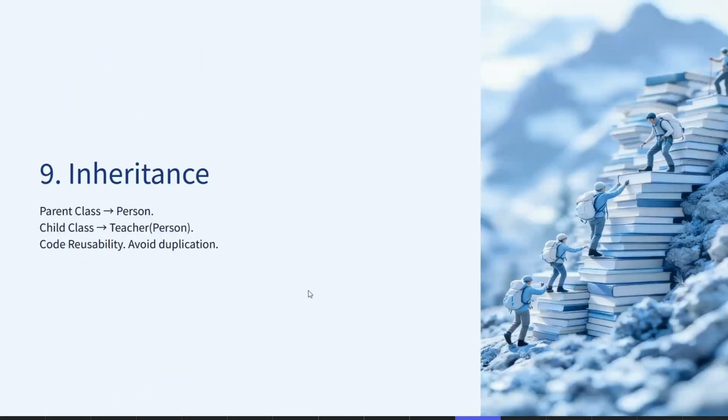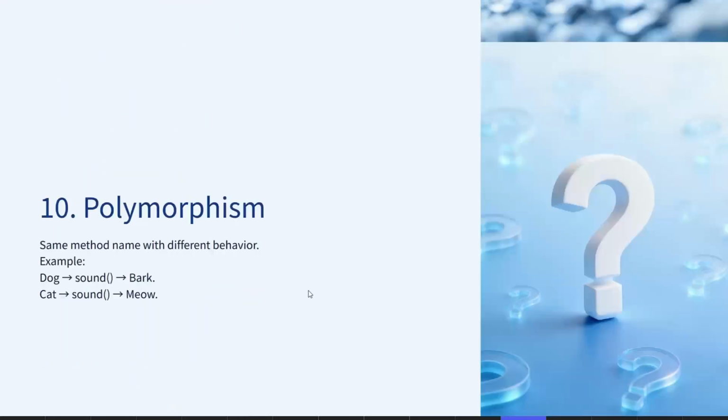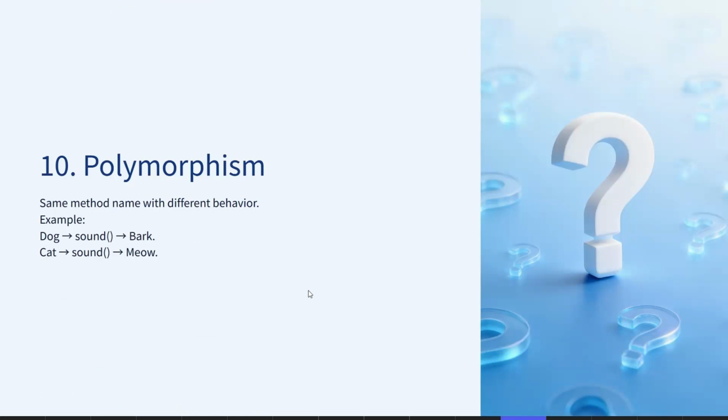So we have understood encapsulation and inheritance. Now we move to our next important thing, polymorphism. The third pillar is polymorphism. Poly means many, morph means forms.